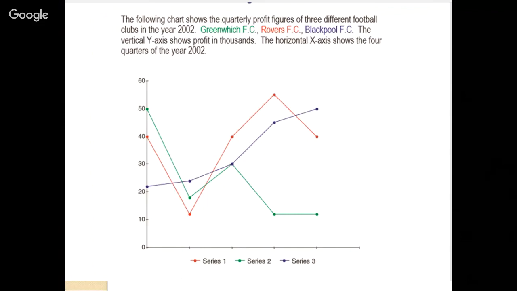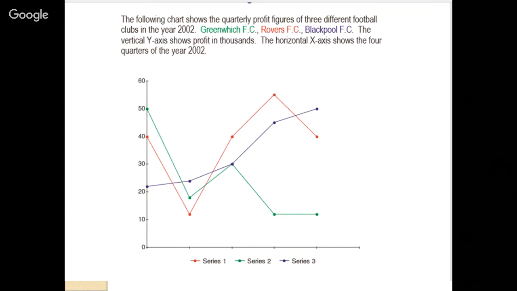But we're going to break it down and look at it. I know the picture might not be as clear as the other table, but I'm going to walk you through it nevertheless. It says the following chart shows the quarterly figures of 3 different football clubs in the year 2000.